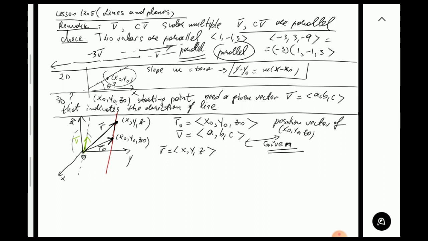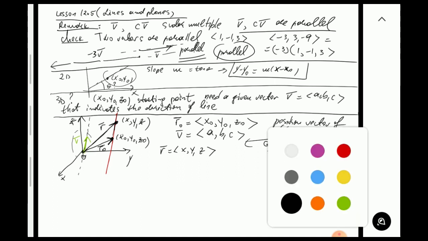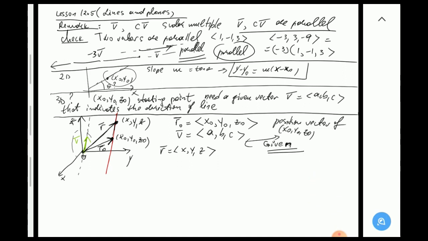So using vectors, what is a way to describe that point? Well, we're going to make use of that triangle that I just formed here. Let's see if I can do this with a different color. Let's use blue.